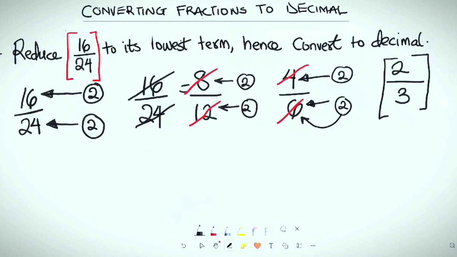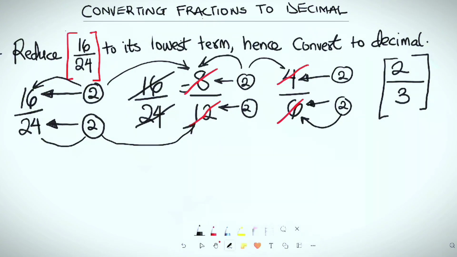So you see that we have brought 16 over 24 down by using 2 to divide 16. We got, look at it, 2 into 16, we got an 8. And the same 2 divide 24, we got a 12. If you take the same step, 2 divide 8, you're going to get a 4. The same 2 into 12, we're going to get a 6.